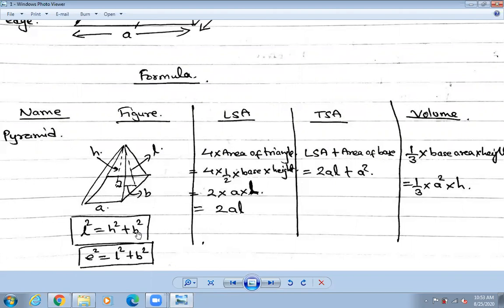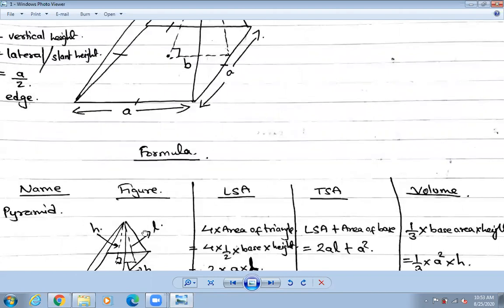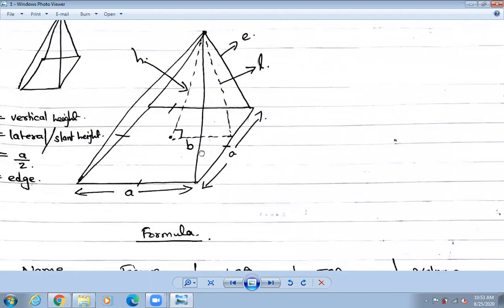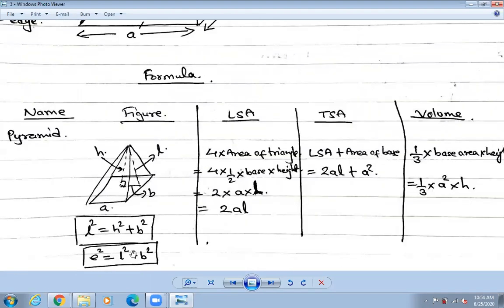Sometimes the edge will also be given, this part. Then the formula will be E square equals L square plus B square. So you need to remember this. Hope you have already written this formula. I sent the photo half an hour before the start of the class. Let me go to the next slide.